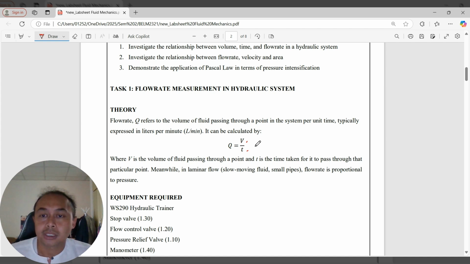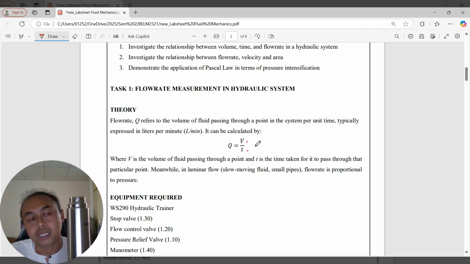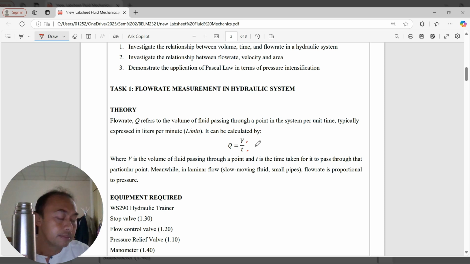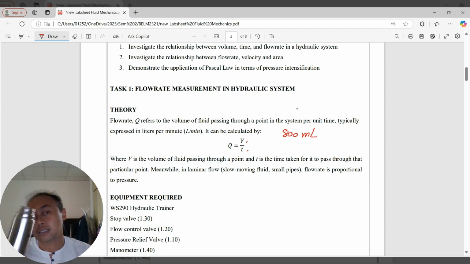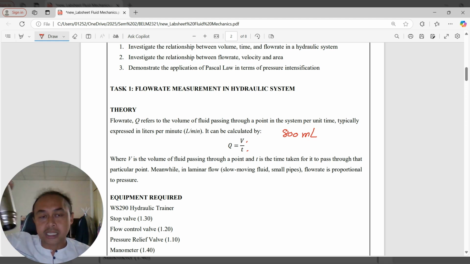For a very simple analogy, you can imagine that you have a bottle container. We know that the capacity is 800 milliliter, and originally it is empty.